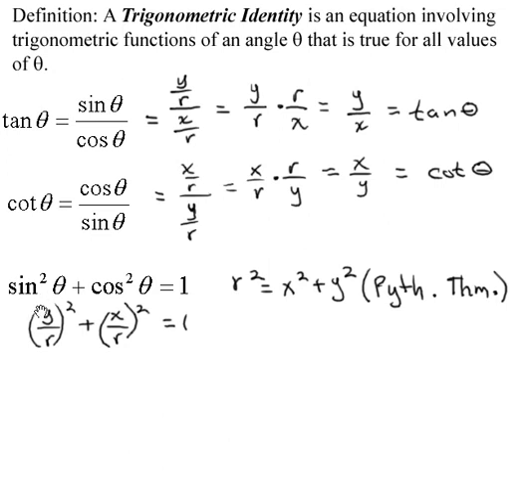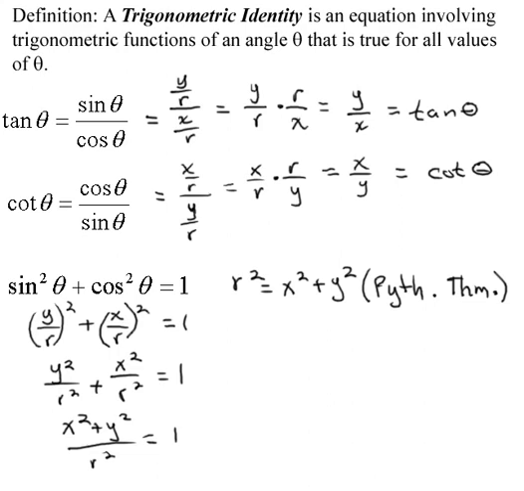So sine was the y over the radius. It's also the opposite over the hypotenuse. But we're going to use the y value over the radius here, and then square it. Cosine squared, well, cosine is x over r, and then we're going to square that, and then we're going to leave the 1 alone. So squaring, that's y squared over r squared, x squared over r squared.